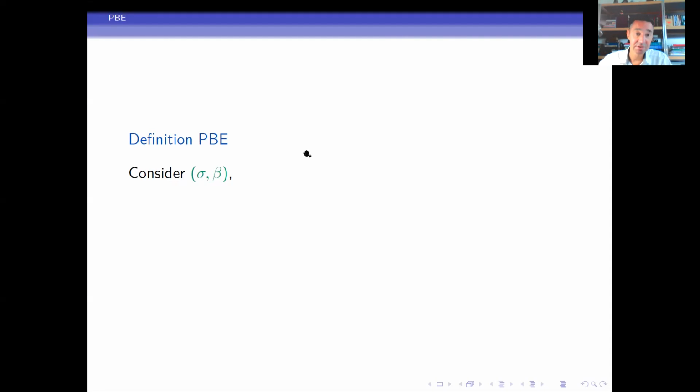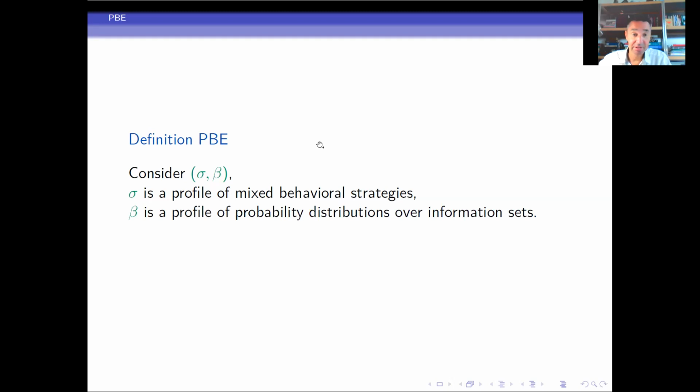And the beta is the belief, and that sounds very religious, but basically the belief is a probability assignment to the nodes within the information sets. So sigma is a profile of mixed behavioral strategies, and beta is, per information set, a probability distribution.